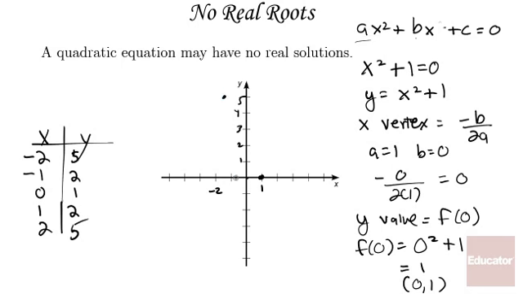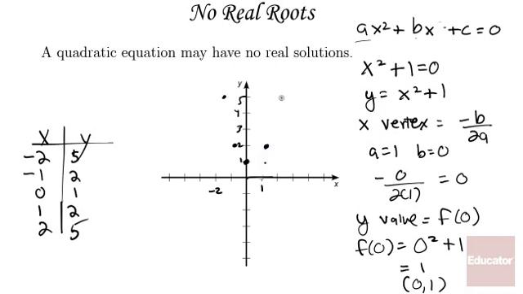When x is negative 1, y is 2. When x is 0, oops, graphed that incorrectly. When x is 0, y is 1. So the vertex should actually be right here. Okay. When x is 1, y is 2.